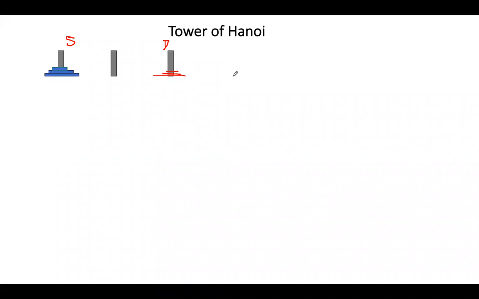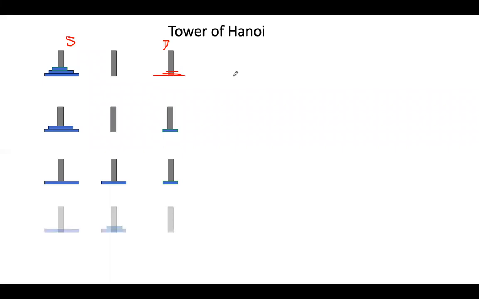So, if I ask you to solve it manually, you will easily solve it. First, I will put the small disk onto the last pole and the second disk onto the third pole, and then the small disk back onto this pole. Okay, in the next step, the large disk, we can put it onto the last tower.